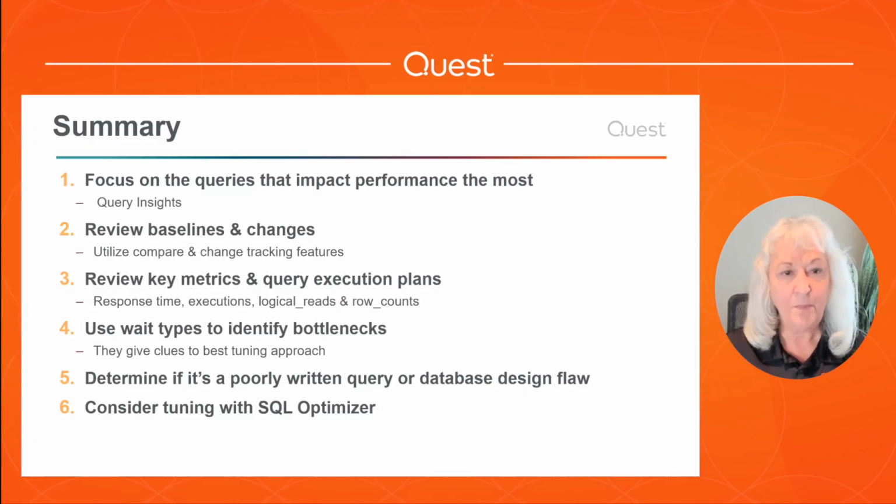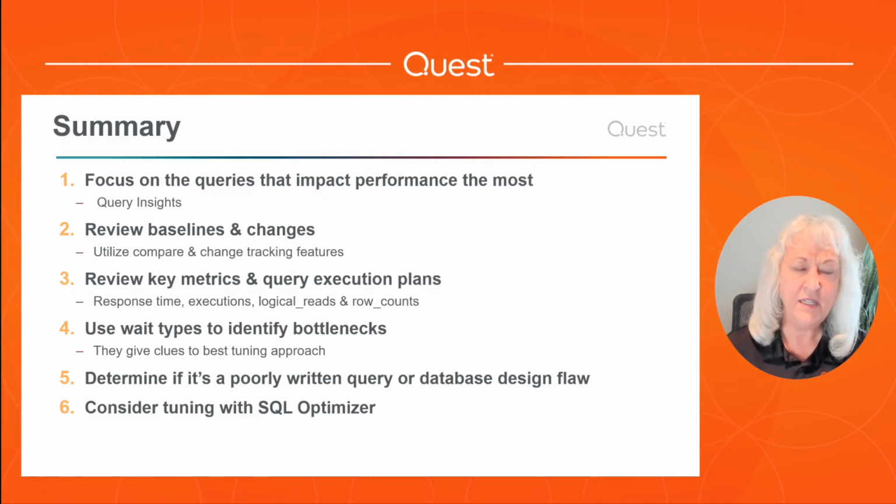And then look at baselines and the changes that are happening. That'll give you great clues on where to focus. And also, you can see your workloads change over time. We keep over a year's worth of data by default in Foglight, so you can go back and do some review of what is happening over time in your database.